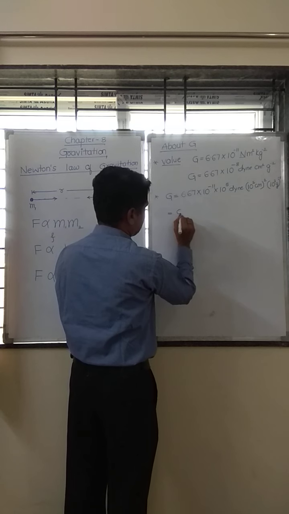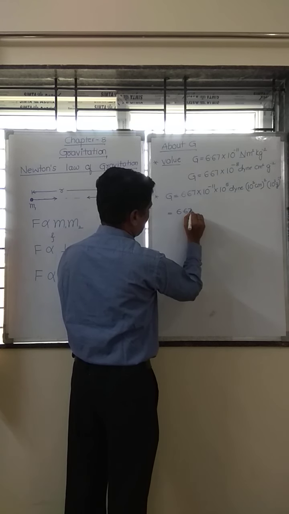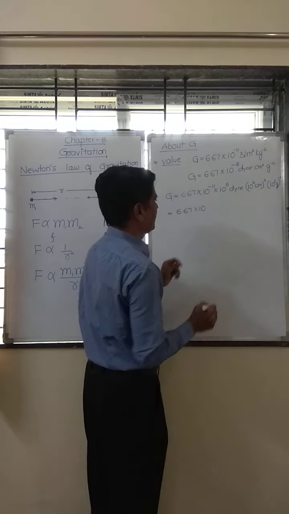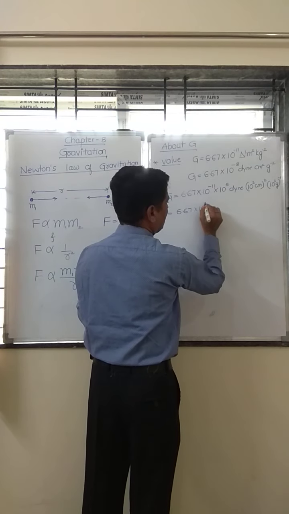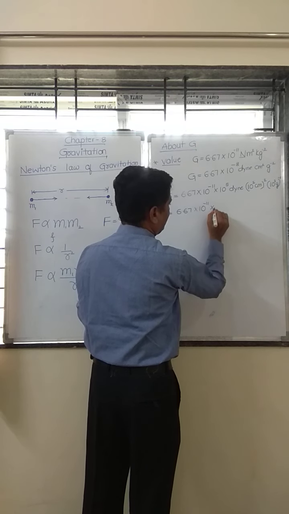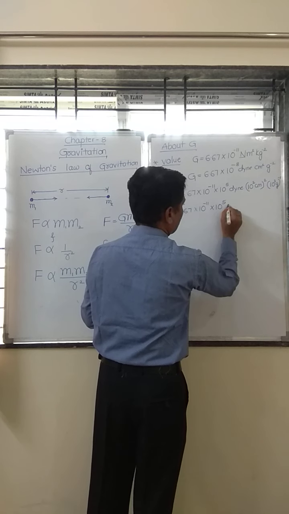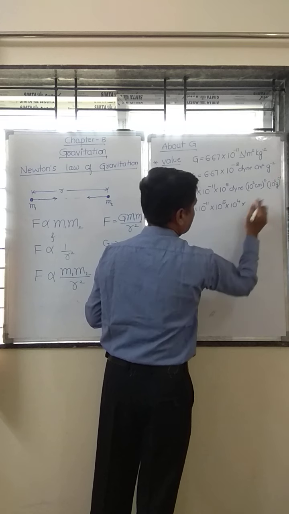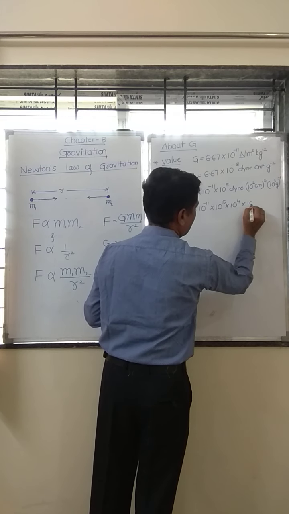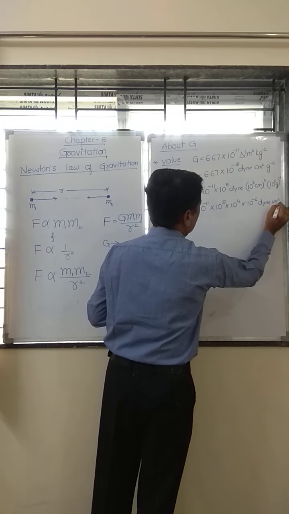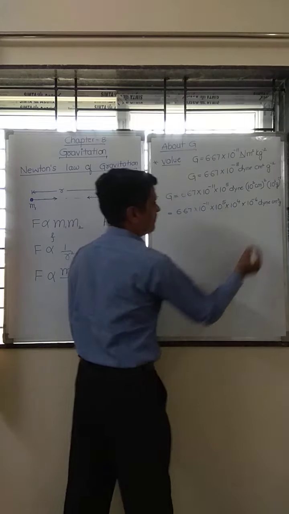If you simplify, 6.67 into 10 to the power minus 11 into 10 to the power plus 5, into 10 to the power plus 2 whole square means plus 4, into 10 to the power plus 3 raised to minus 2 means minus 6, remaining as it is dyne centimeter square per gram square.